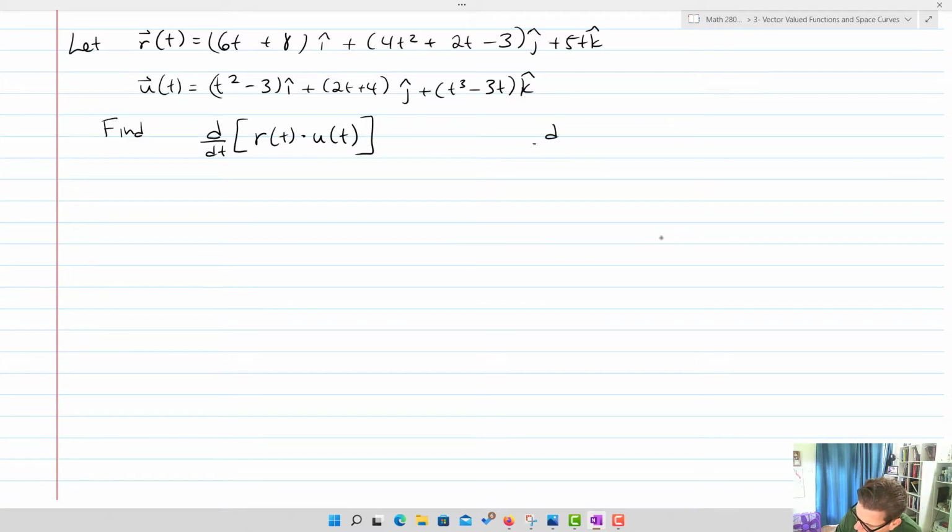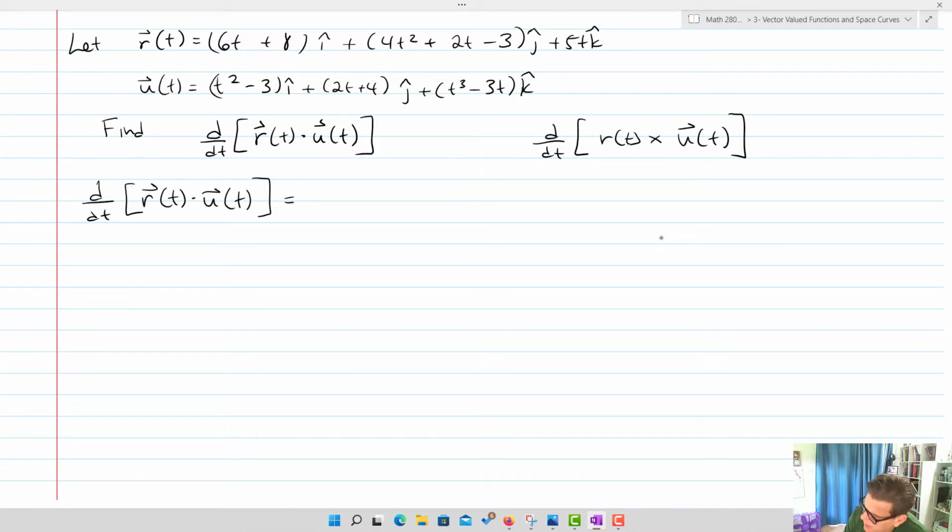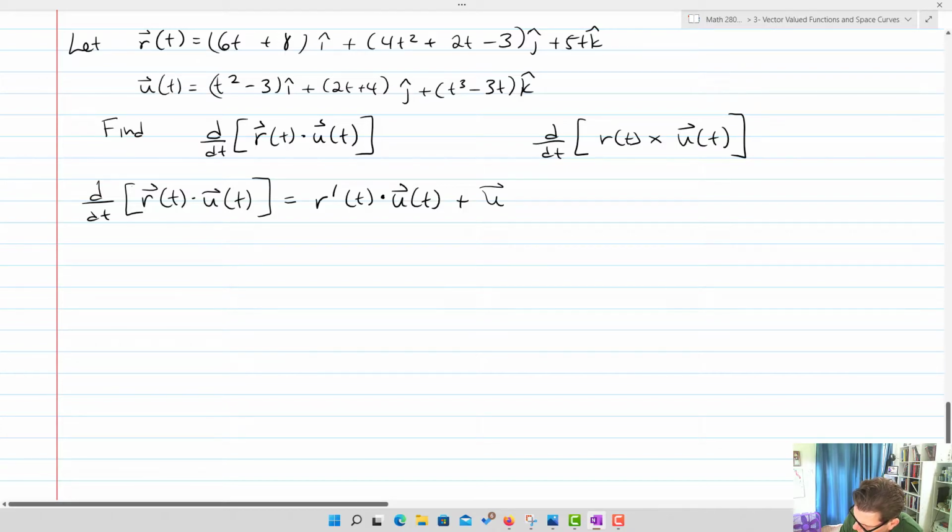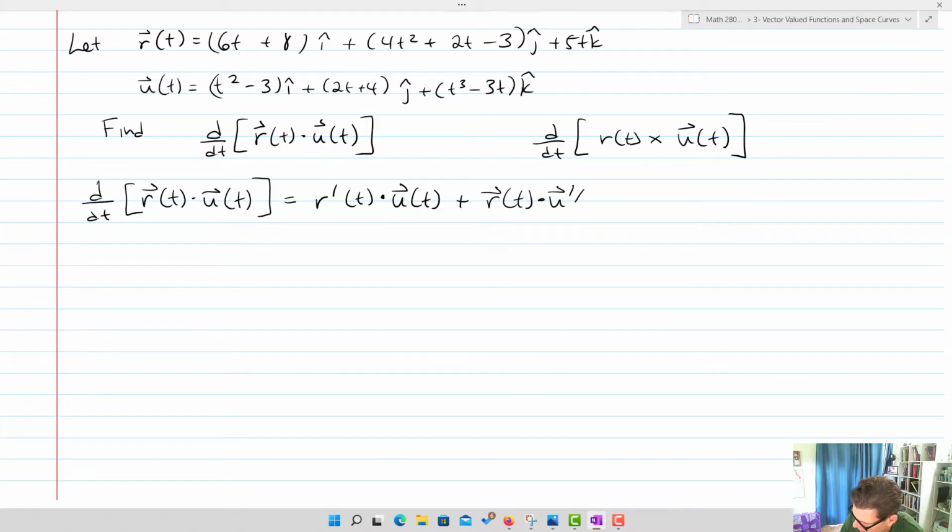And also we're going to find d/dt of r(t) crossed with u(t). Now, what we'll do first, we've got the derivative here, d/dt of r(t) dotted with u(t) is going to end up equaling r'(t) dotted with u(t) plus r(t) dotted with u'(t).